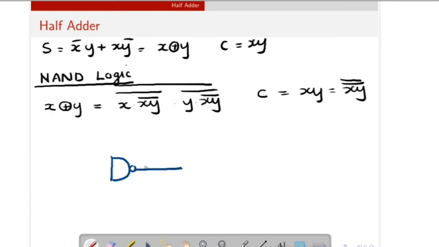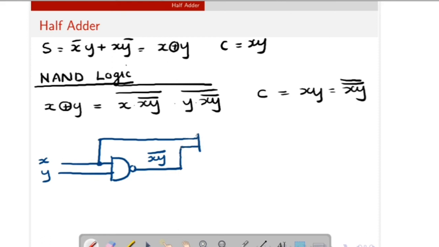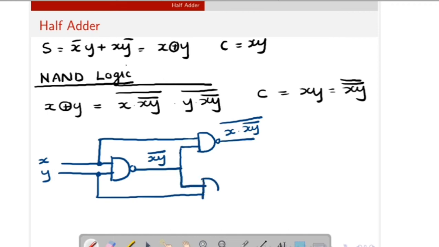So here we have a NAND gate with x and y as input, so here we get (xy) bar, right? Then this x is NANDed with (xy) bar, so here you get x dot (xy) bar whole bar, then this y is NANDed with this (xy) bar, here you get y into (xy) bar whole bar, right?